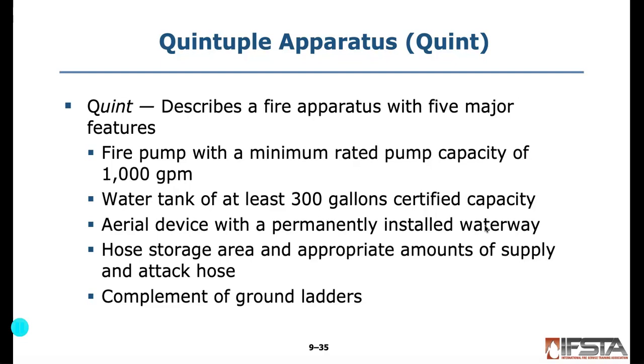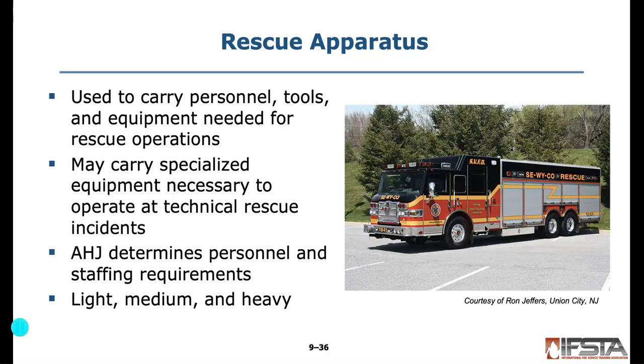The fire pump has a minimum rated pump capacity of 1,000 gallons per minute, meaning how much they can flow. The water tank capacity is 300 gallons, and then the aerial device has a permanently installed waterway. You have a hose storage area with both supply and attack hose, and then you have a complement of ground ladders. So it's kind of a mix between an engine and a truck.